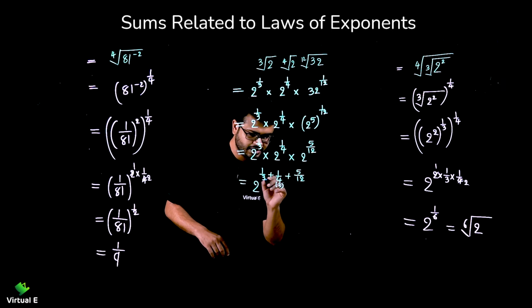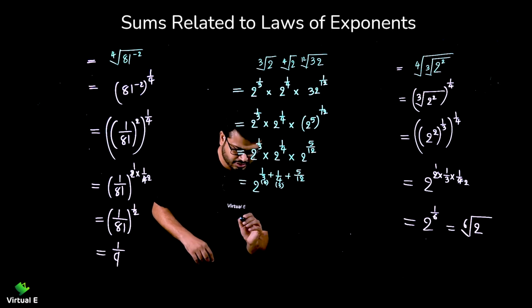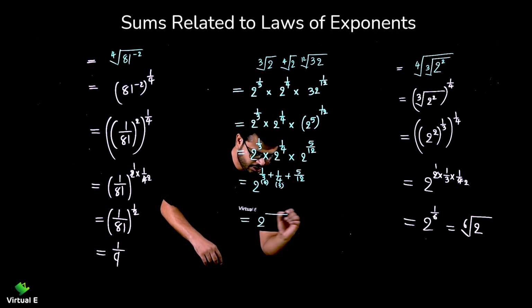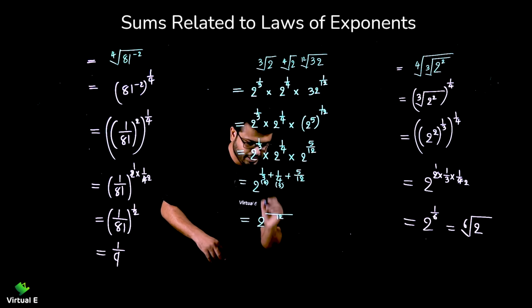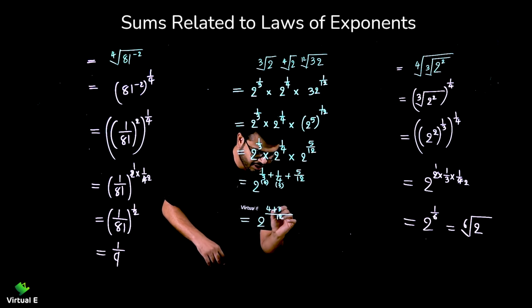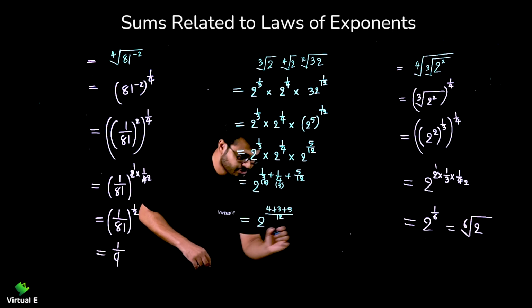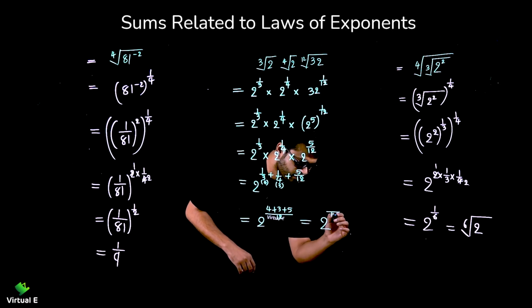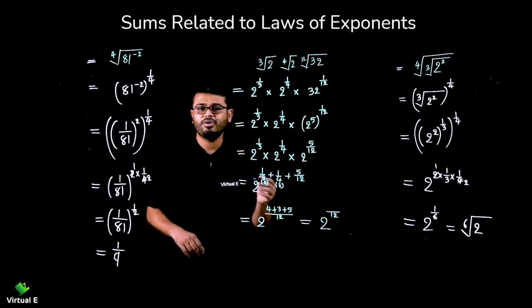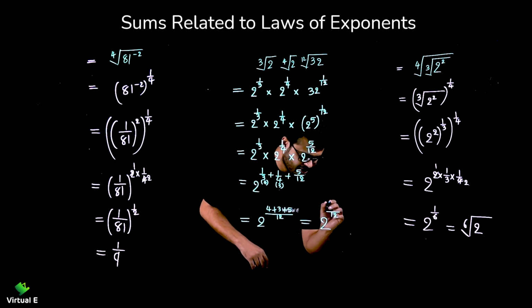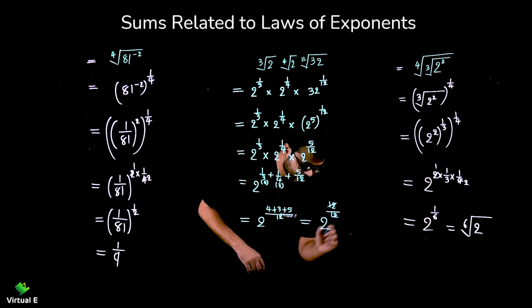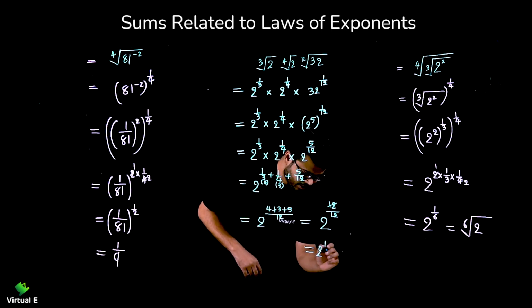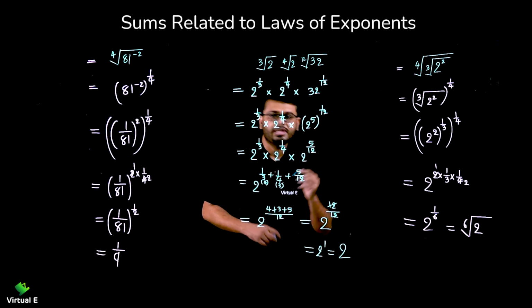So 3 4s are 12, 4 3s are 12. So 2 raised to, here the denominator is 12 and the numerator is 4 plus 3 plus 5. If you add it, that will be 12 as well. So 12 and 12 get cancelled. So 2 raised to 1. So the answer is what? Only 2.